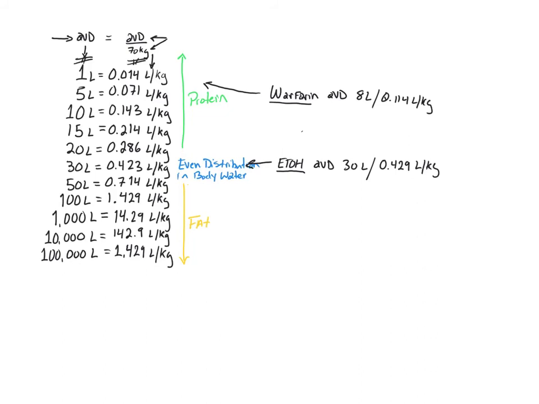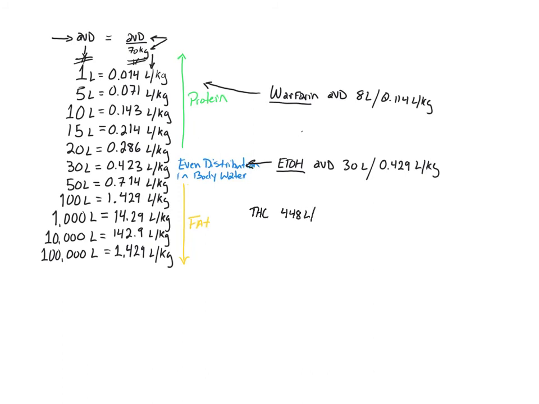And then let's do delta 9 tetrahydrocannabinol, or THC. That is the psychoactive component of marijuana. And this has a volume of distribution of 448 liters.